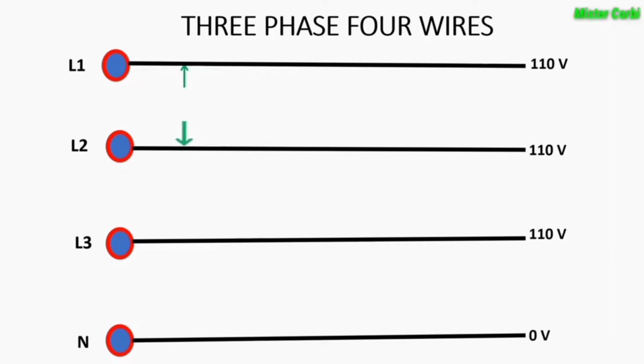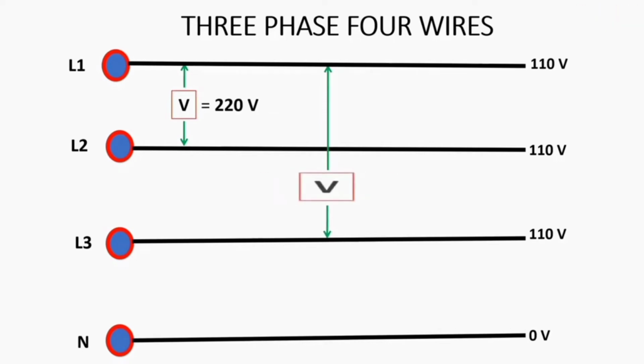When we use line 1 and line 2 as our voltage supply, 110 volts from line 1 plus 110 volts from line 2 is equal to 220 volts. Line 1 and line 3, 110 volts plus 110 volts is equal to 220 volts.